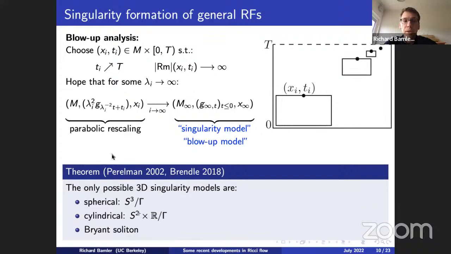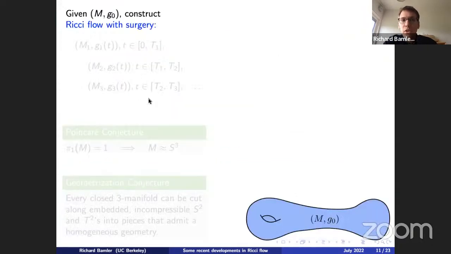All right, so this theorem now tells us, combined with the blow-up analysis, that at points where the curvature is very large, close to a singularity, the local geometry looks close to being spherical, cylindrical, or Bryant soliton-like. And this observation allowed Perelman to construct what is called a Ricci flow with surgery.